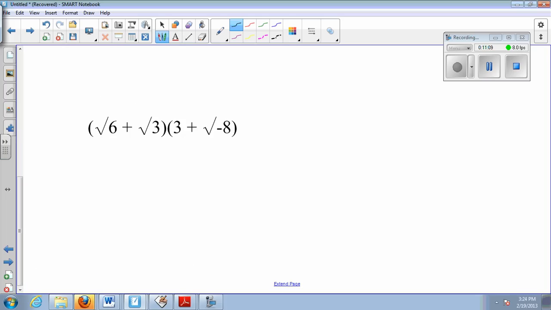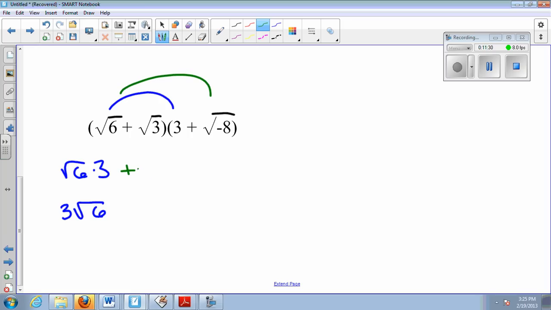So for multiplying two binomials that have roots, we're going to FOIL. Root 6 times 3. You cannot multiply one number that's in a root times one that's out, so it just goes 3 root 6. Root 6 times root negative 8. You combine the numbers in the roots, they're multiplying. Plus root negative 48.